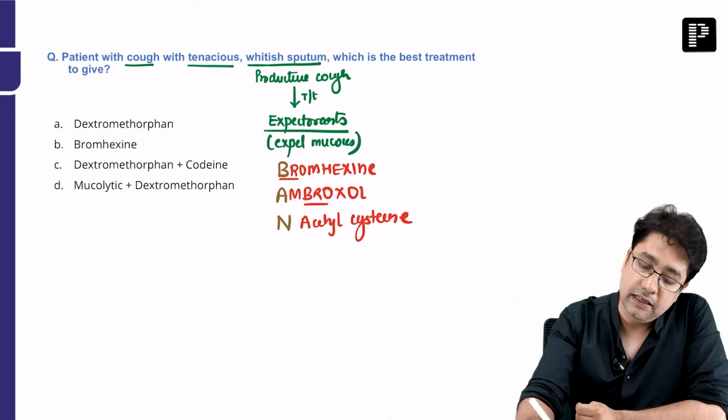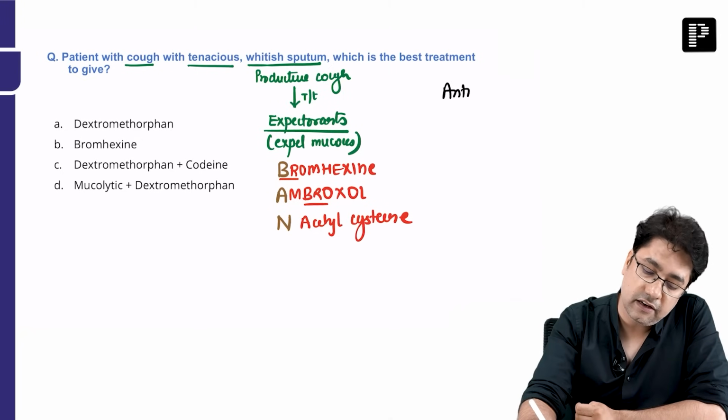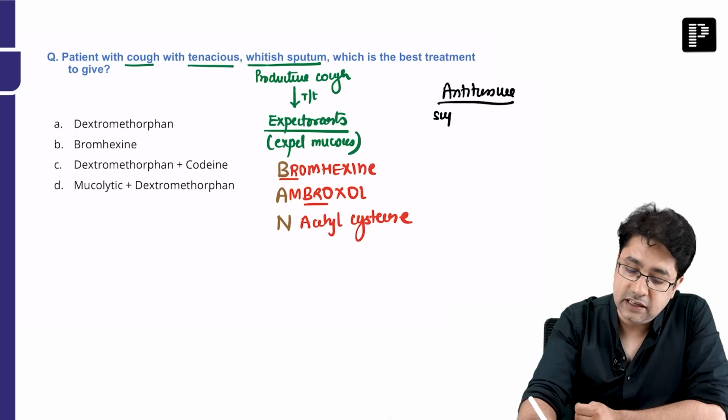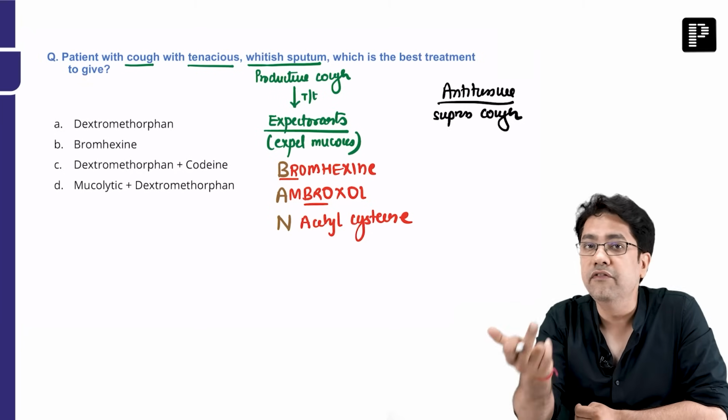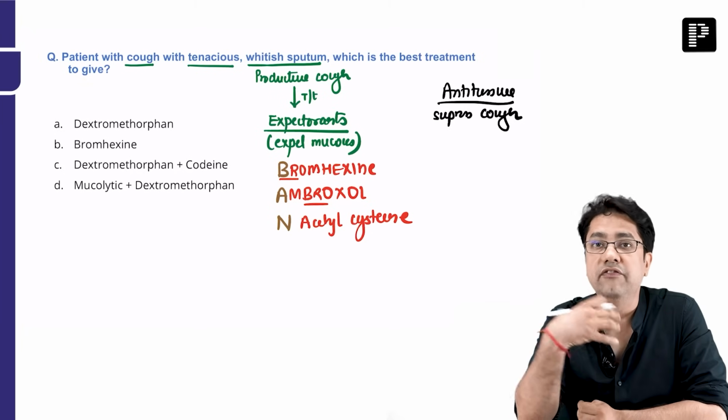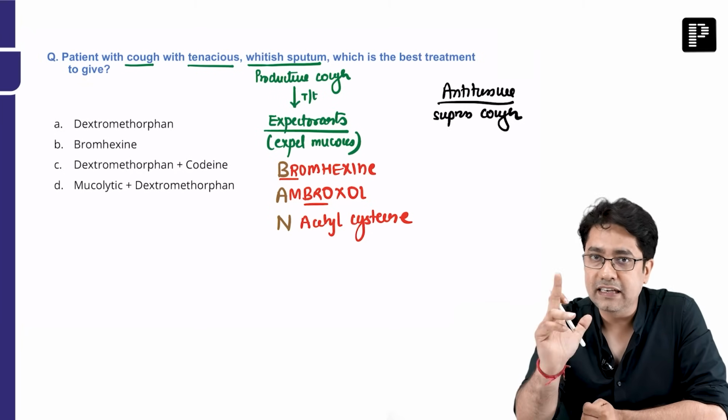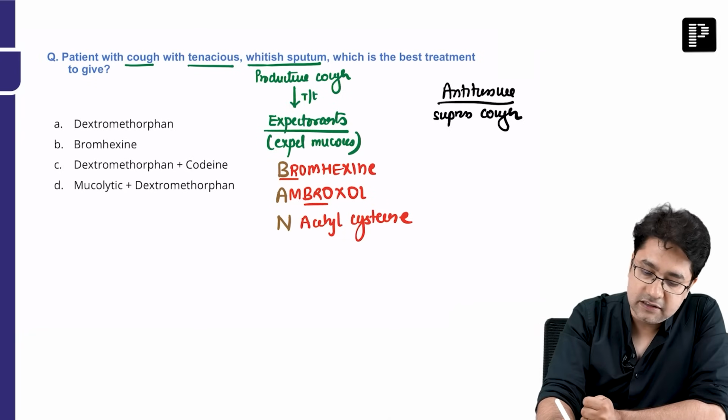But remember, there is another class of drugs for cough known as antitussive. Antitussives, they will act on brain and they suppress cough. Remember, if there is no cough, sputum will not come outside and the infection will aggravate. That is why antitussive drugs are contraindicated in productive cough.